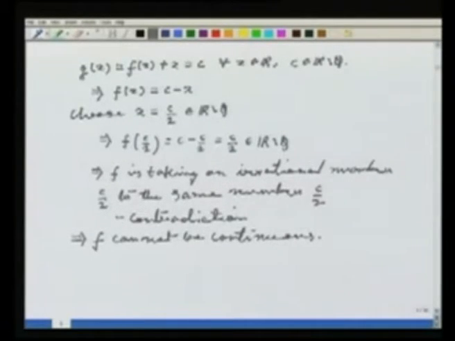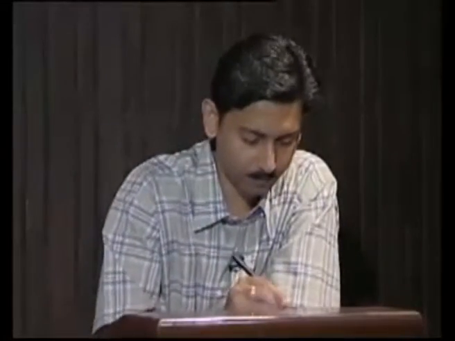Now let us see another application of the intermediate value property. Let Px stand for a polynomial. We know how polynomials look like. It is a0 plus a1x plus a2x square plus an x to the power n, and I say an not equal to 0. Let me assume an positive. Okay.